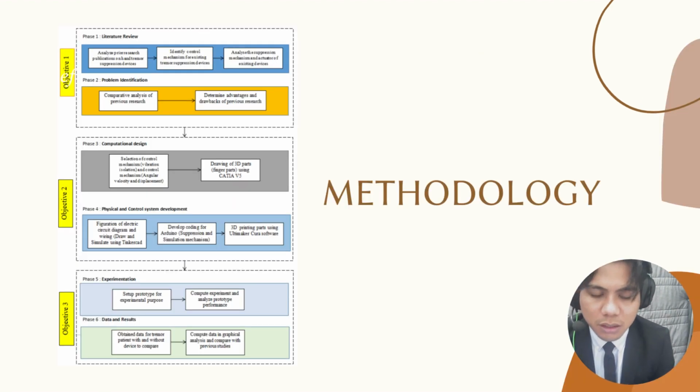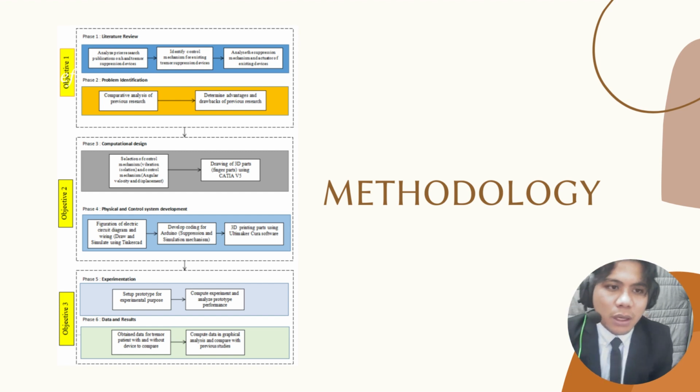So next is research methodology. Basically, this is the method that I will use throughout the completion of the project, put in flowchart representation. For phase one, literature review, first to analyze prior research publications on hand tremor suppression devices.